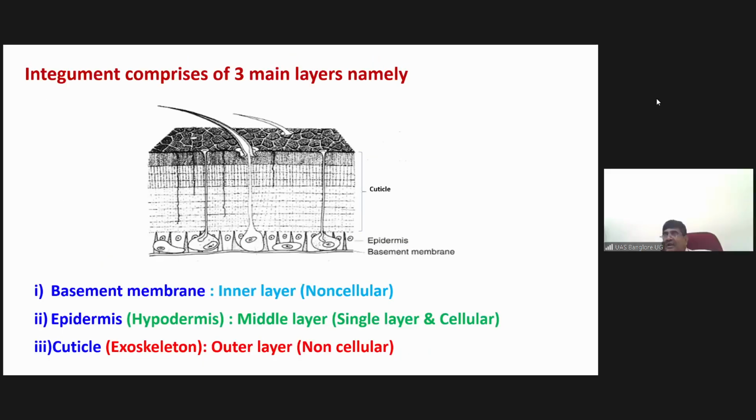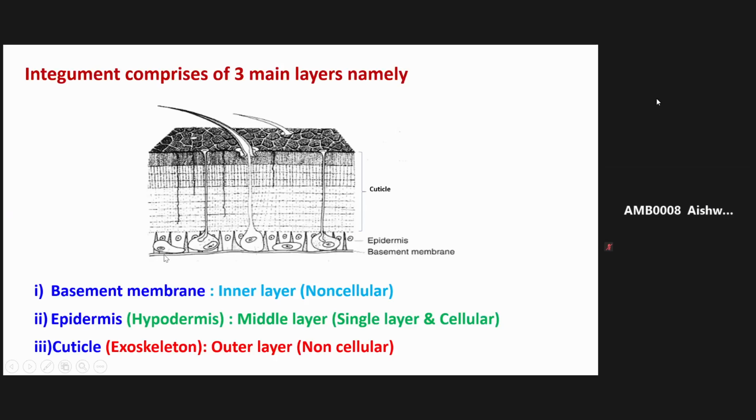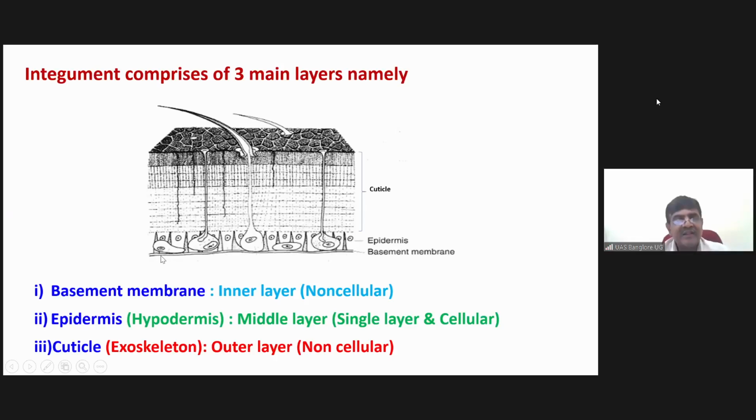So this integument mainly comprises three main layers. If you see the diagram, this is the structure of the insect integument. As you see at the bottom, you will find a thin layer which is called the basement membrane.